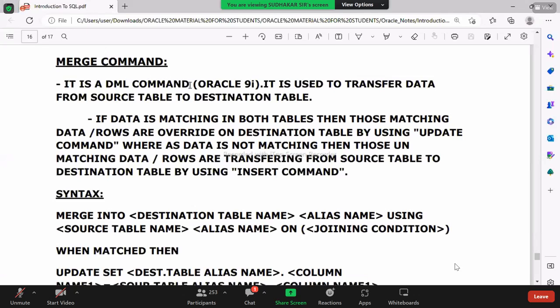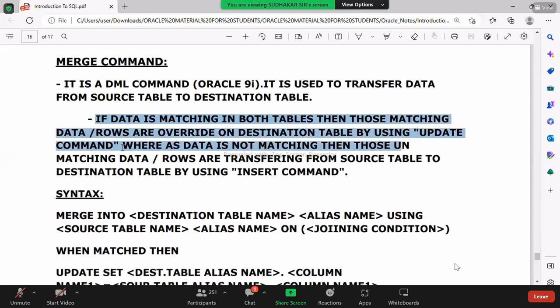It is one of the DML commands, introduced in Oracle 9i. It is used to transfer data from the source table to the destination. While transferring, existing data will not be disturbed, but new data will be transferred. So observe: if data is matching in both tables, those matching rows override the destination table data by using which command?